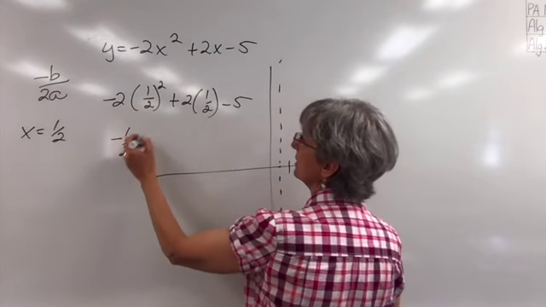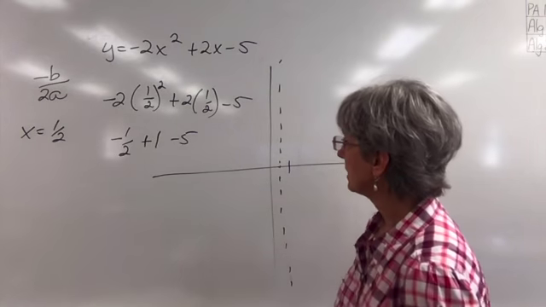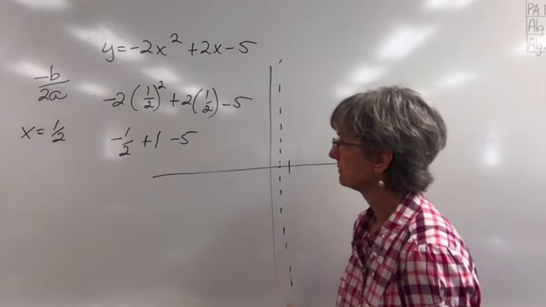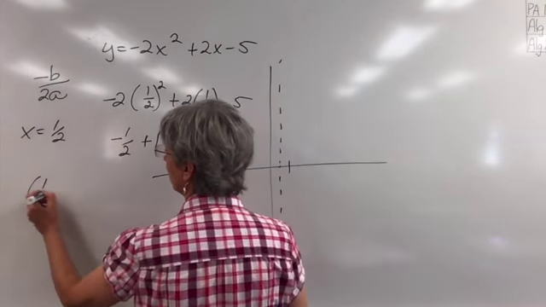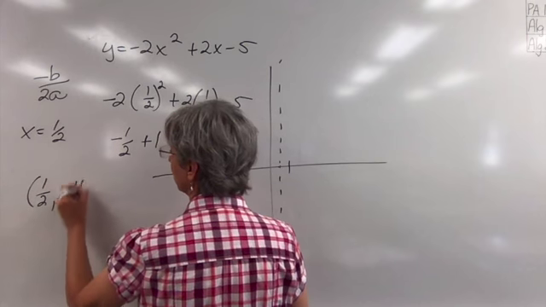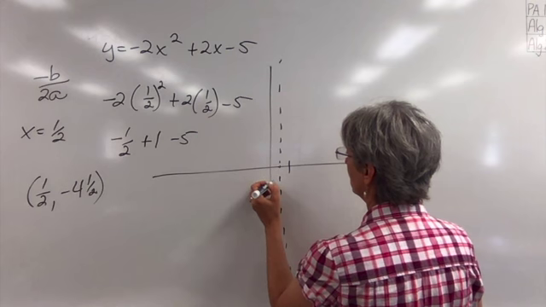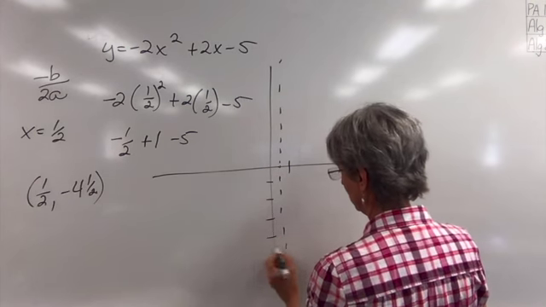And this is 1 plus 1 minus 5. So this becomes, it looks like, negative 4.5. Negative 4.5. So our ordered pair is 1/2 and negative 4.5. 1, 2, 3, 4. There we go.